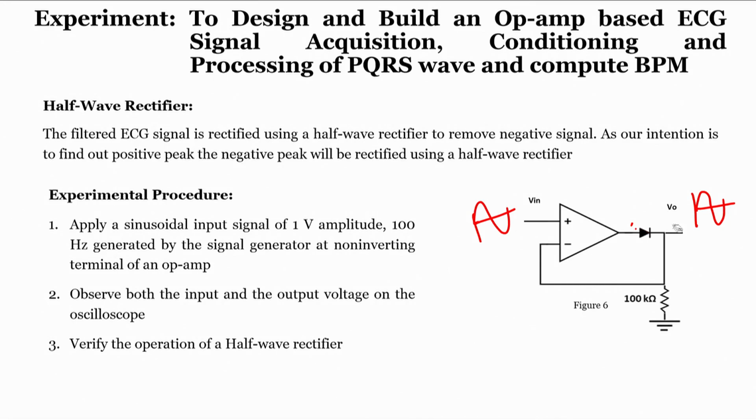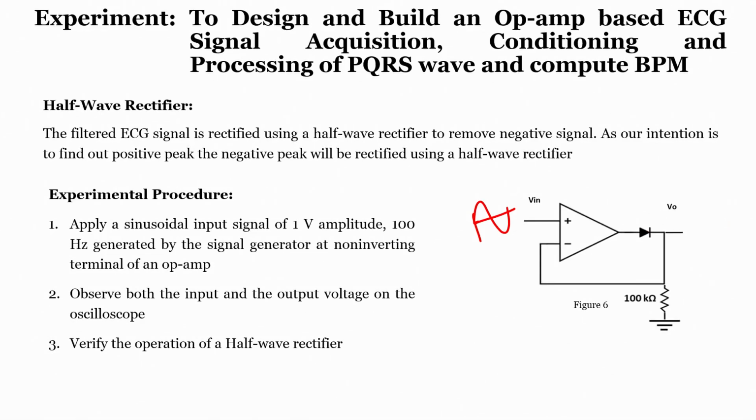But now in this case, if you clearly observe, there is a diode, so only positive amplitudes will be allowed, and the negative amplitudes cannot be allowed. When the diode is in forward bias condition, it will allow the input signal. When the diode is in reverse bias condition, it will not allow it. To understand the circuit, for example, if the input is a positive peak, the output should also be a positive peak.